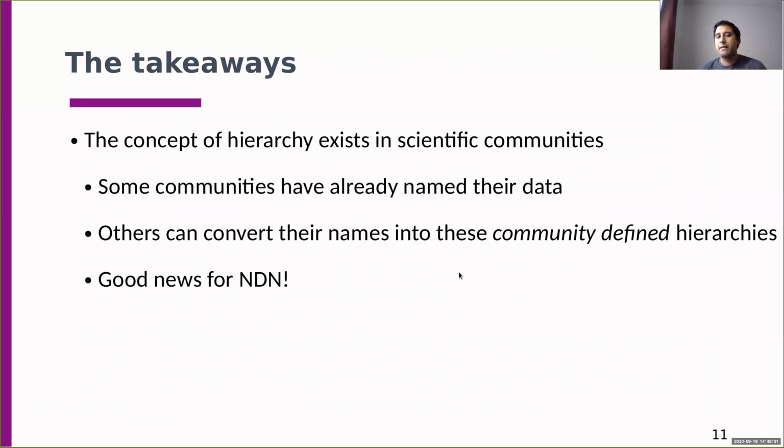Others have not, just like the SRA ID we saw, but they have some sort of community-defined hierarchy, for example, the tree of life, and the communities can use those to convert their existing names into those hierarchical names. This is good news for NDN because regardless of which scientific communities we are talking about, we can probably find some sort of hierarchy that can be used to name their data.